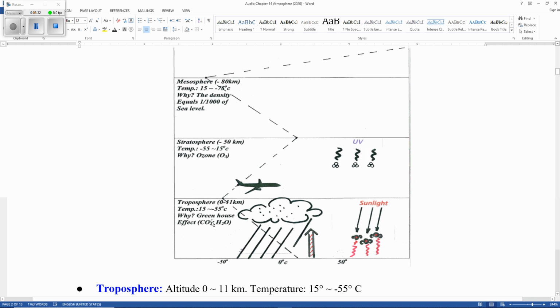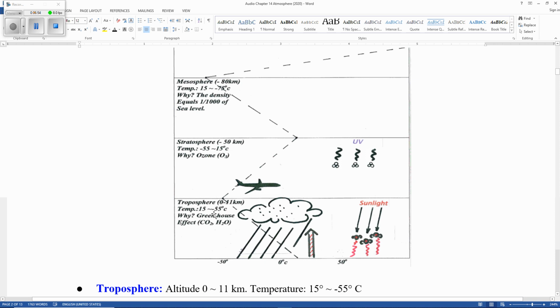Now the first region, troposphere. From 0 to 11 kilometers, the temperature decreases. It means you go higher and higher, the temperature drops until the top, where the temperature is about negative 55 degrees.